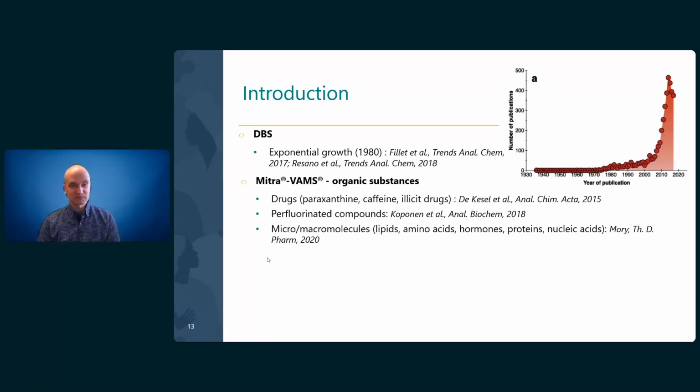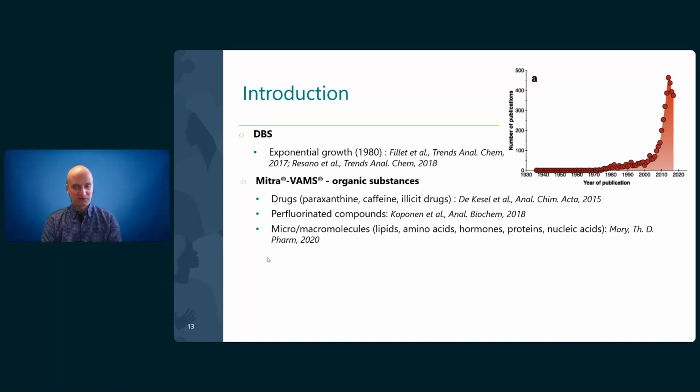But Mitra VAMS started less than 10 years ago, and it's actually showing the same trend, especially for organic substances. So these kinds of substances have been more and more studied.